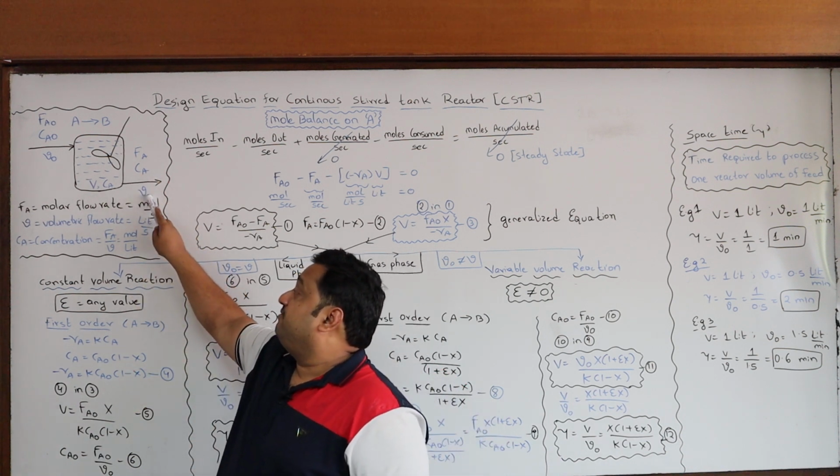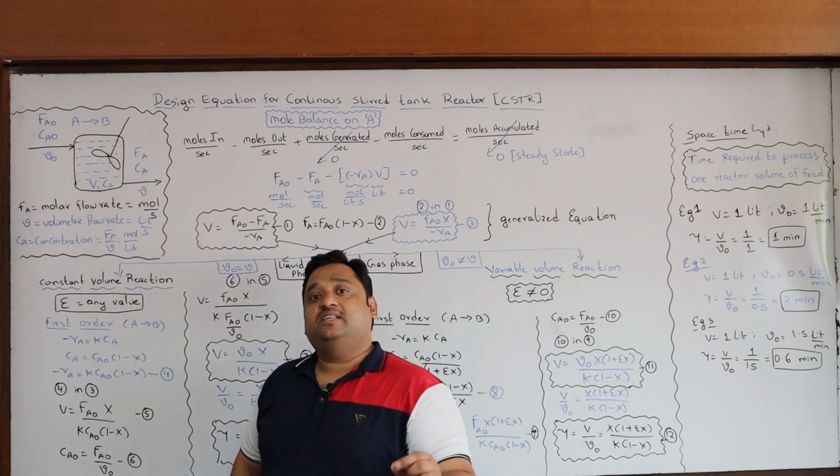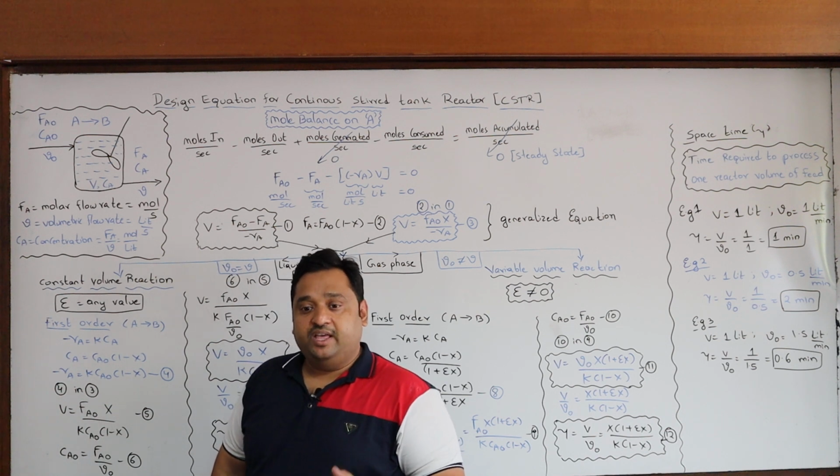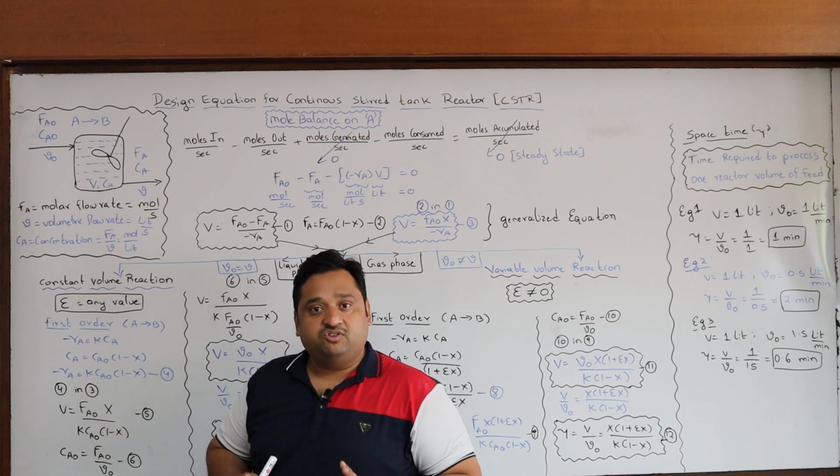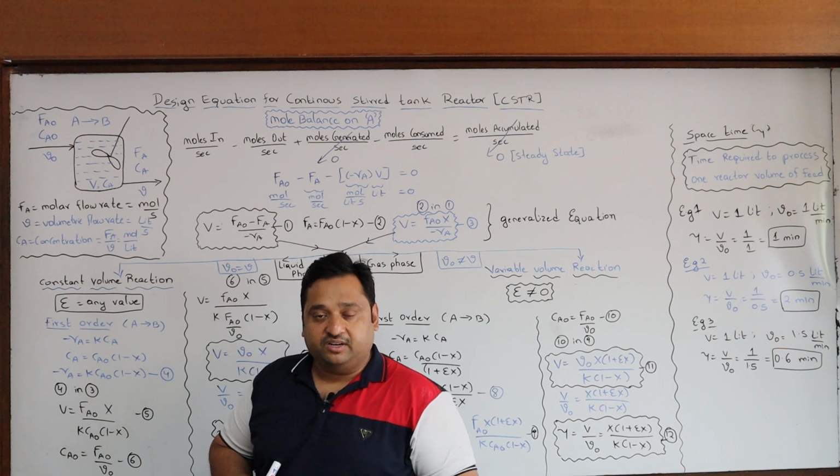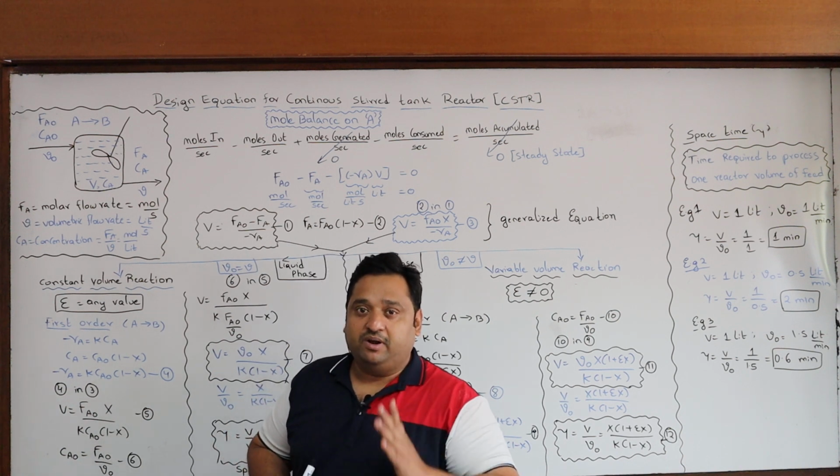Similarly, FA is the exit molar flow rate of A, CA is the exit concentration of A that remained after the reaction, and V is the exit volumetric flow rate.